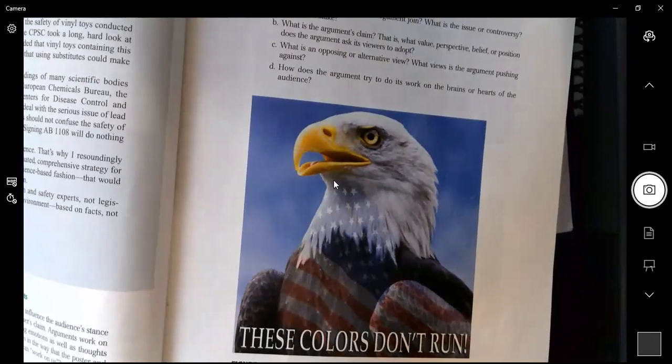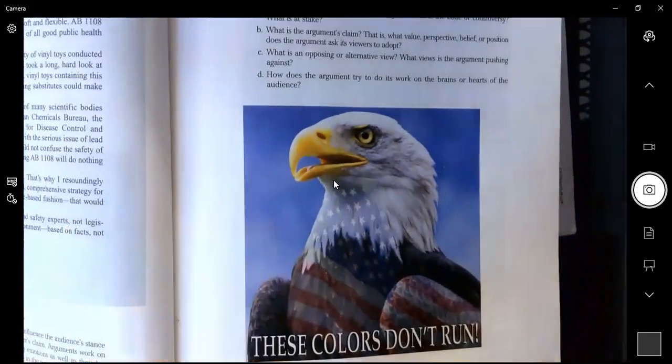I want you to be that specific and that literal, because that's what I get from this argument. These colors don't run. The pun is on running on laundry, but the idea is bravery and freedom and patriotism, right? So you are creating an explicit claim from an implicit argument.